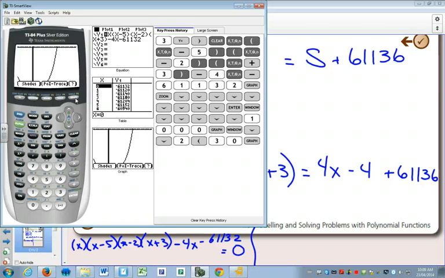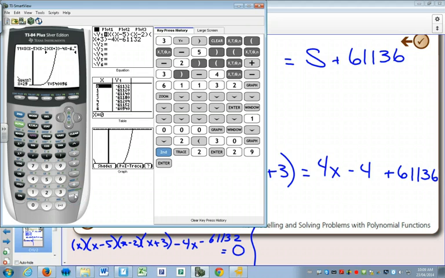So in this case, now I can find my x-intercept by going second, calculate, zero, number 2, go to the left side and the right side. I set my window to go to 30. I'm going to type in the values. Obviously, this one where it's at is to the left. But if I type in 29, that's for sure going to be to the right because I knew what my window was set to.